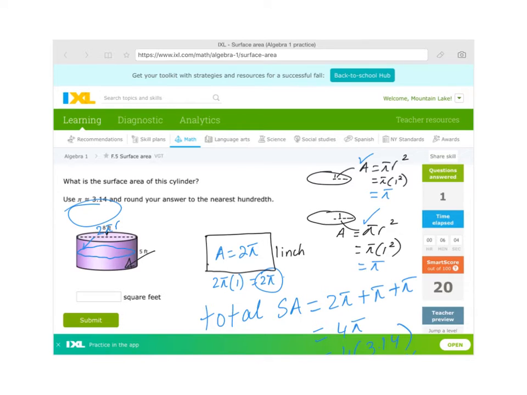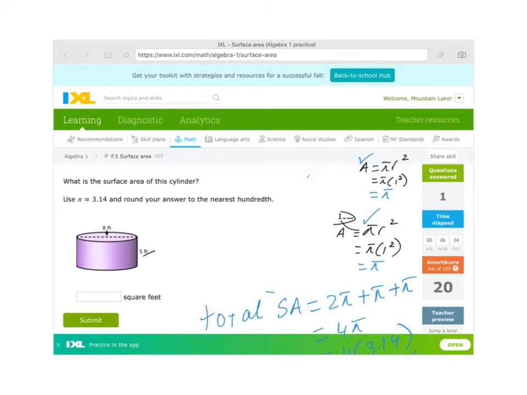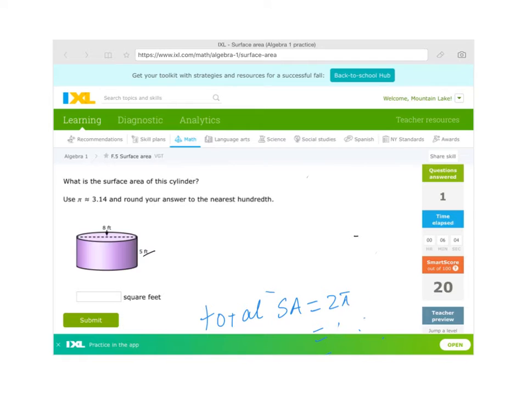Now let's try another one because it's the same type of question. So here instead of the radius we are given the diameter. So we can work it in two ways. Either we use the radius or we use the diameter.